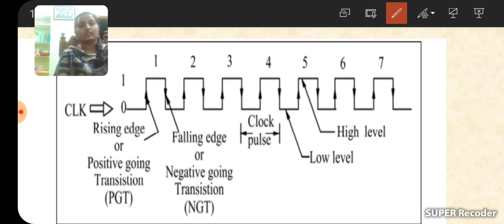Clock pulses are square waveforms. The positive is called high level and negative is called low level. If positive is increasing, that is called rising edge. The decreasing edge is called falling edge. Is it clear?